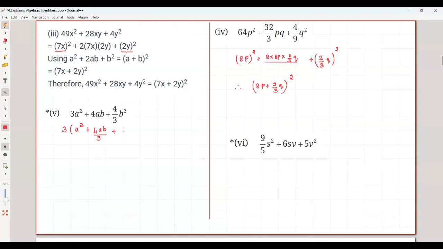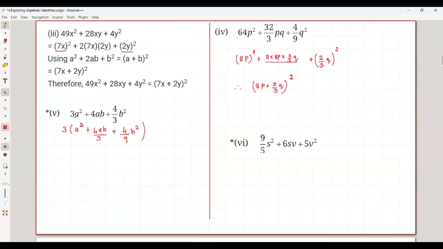So we have to write it as 4 divided by, so 3 should be multiplied with the denominator. So 3 threes are 9 will come. You can just recheck. If you multiply 3 with what's inside, this 3 and 9 will get cancelled, and we'll be getting 4 by 3. So this will become b square.